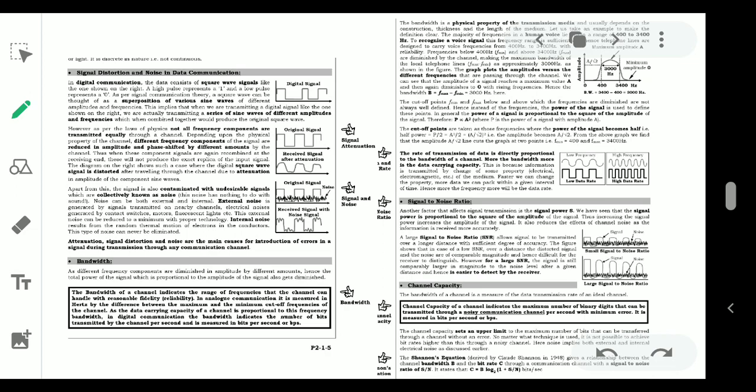So it is the difference between the maximum frequency and the minimum frequency. This is measured in hertz. The majority of frequencies in the human voice lie in the range of 400 to 3400 hertz.